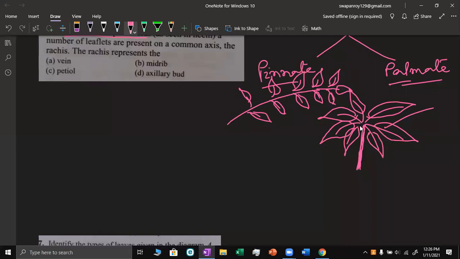So there are two main types of compound leaf: pinnately compound and palmately compound.